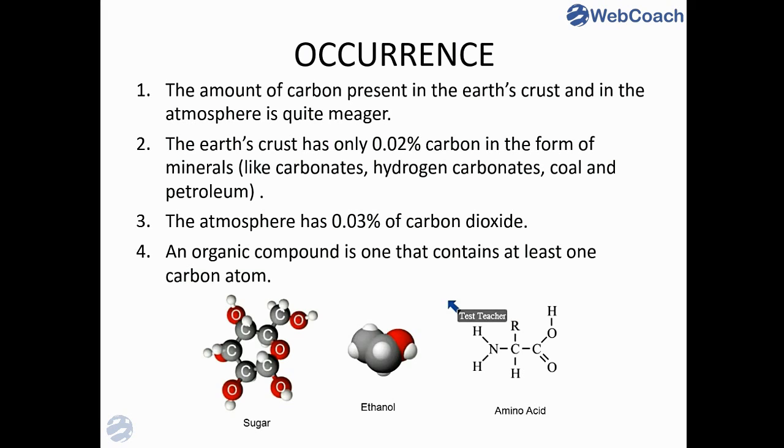All of them have carbon incorporated into their backbone, so it is a very versatile element and widely seen. Such compounds which have at least one carbon atom are called organic compounds, and we are dealing with everything that is organic in the next few slides.